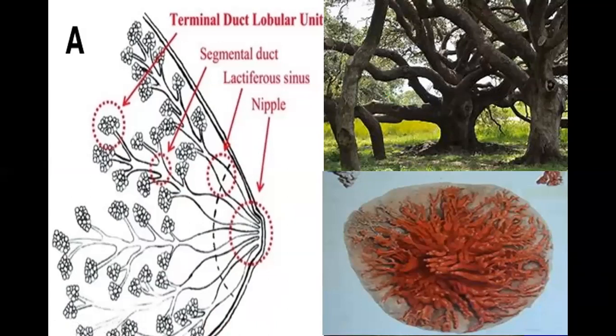Okay, and as you know, we have about 15 to 20 lactiferous ducts. So these trees represent multiple lactiferous ducts and their branchings. And look for the branches, you see this branch coming in that direction, and there is a lot of overlapping.